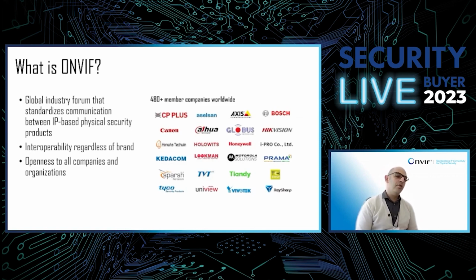So we offer interoperability regardless of the brand, and today we have over 480 members and roughly 25,000 conformant products in the product database. We are open to all companies and organizations, and the standardization work is based on member effort, collaboration and consensus.